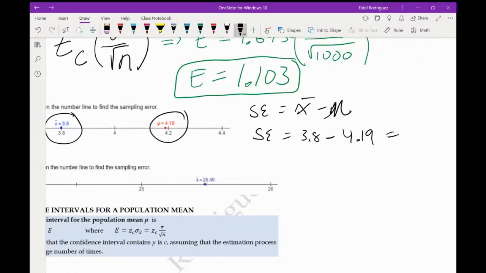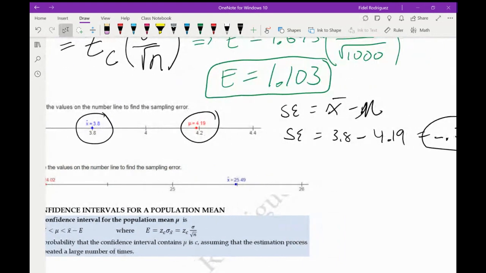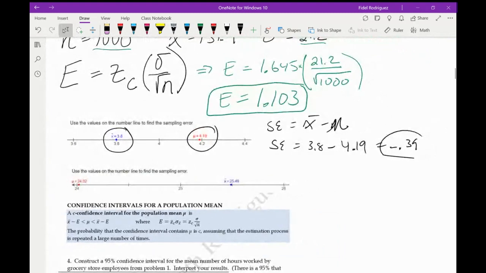When I do this on my calculator, 3.8 minus 4.19, I'm coming up with a negative 0.39. So that's what I got for the first one. Now I'm going to do the second one.